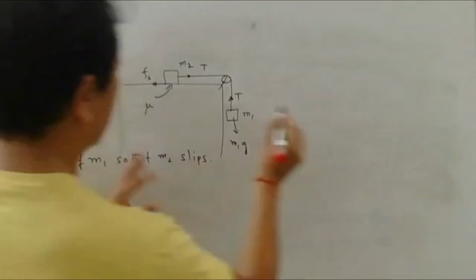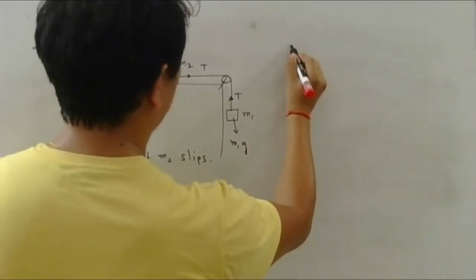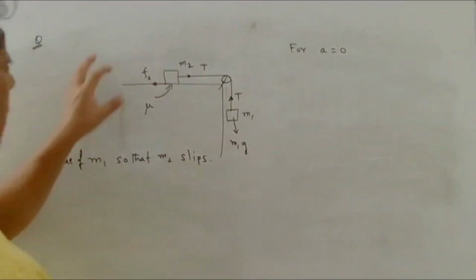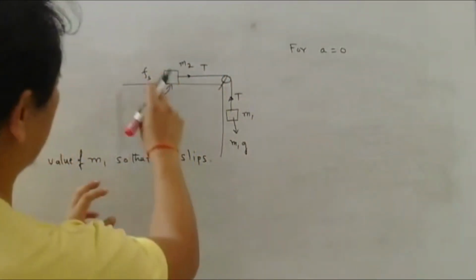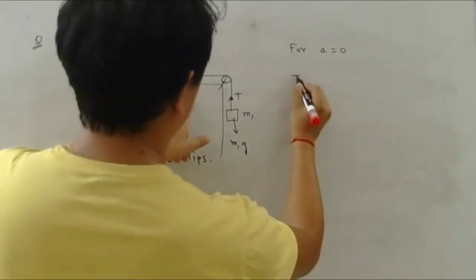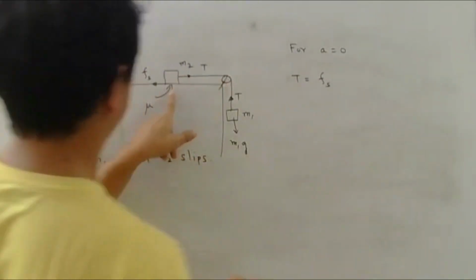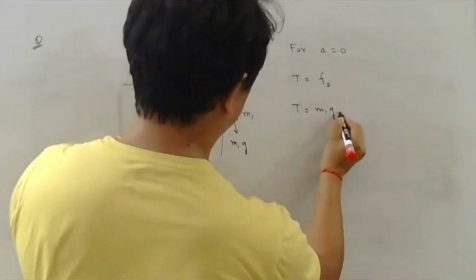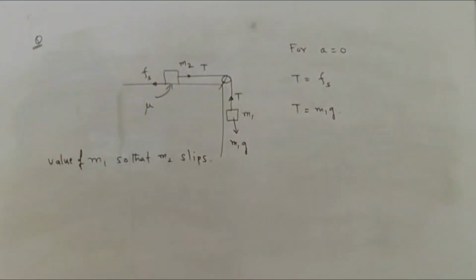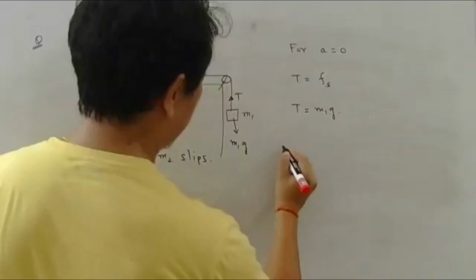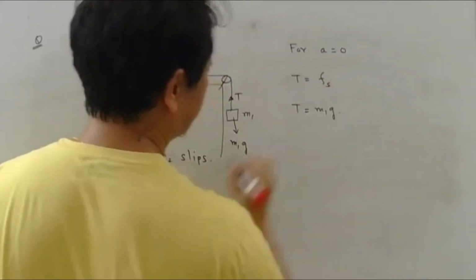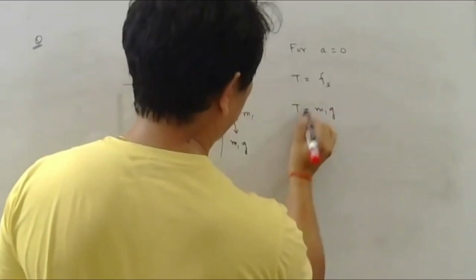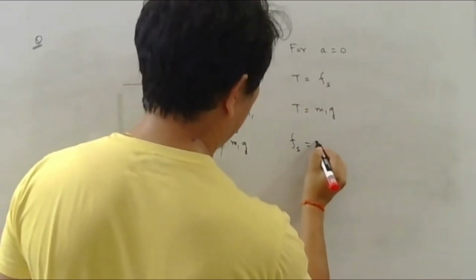So if you don't want the system to slip, then for acceleration to be 0, T should balance Fs, and here T should balance M1G, right? Now, in order not to slip, this should be static friction, right? Now, you can substitute this T here, so Fs will be M1G.